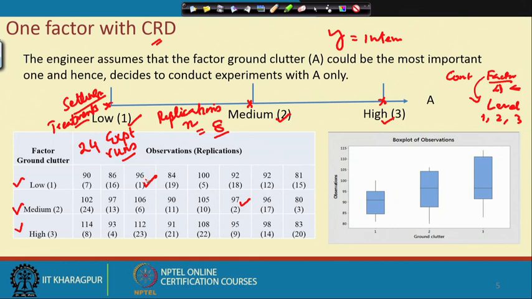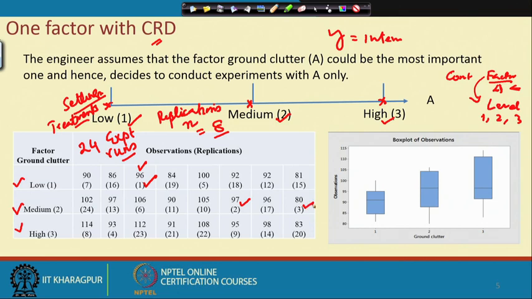First experimental run, you are conducting keeping ground clutter at low level and observing the response y, which is 96 intensity level. Second experiment will be done at medium level only, and this is the case. Third one may be here.